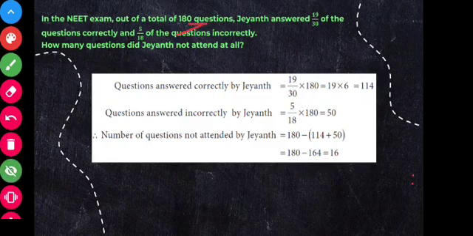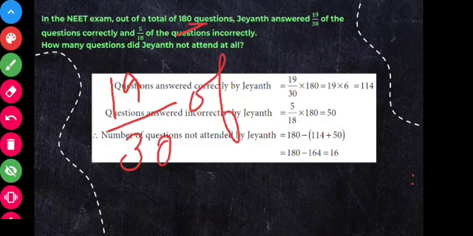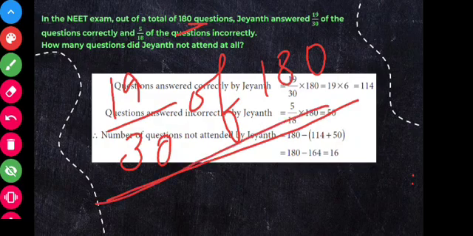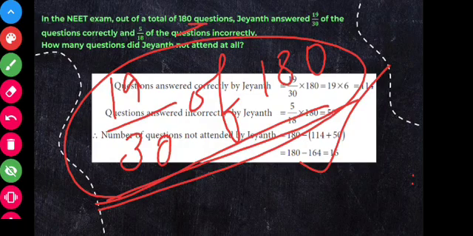Out of these 180 questions, Jayant is answering 19 by 30th of 180 questions correctly, which means this part of the questions which he has attended is correct.